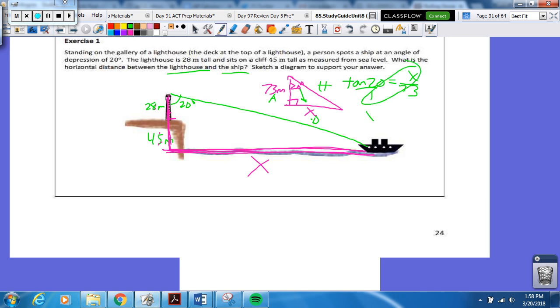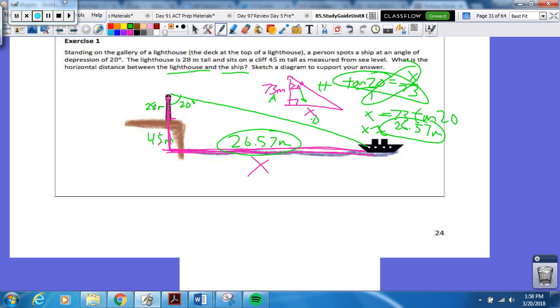X times 1 is X. 73 times tangent of 20. Okay, 73 tangent 20, and I get X is about 26.57 meters. There you go. So 26.57 meters is that distance right there.